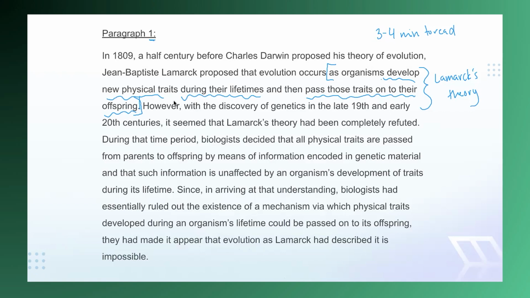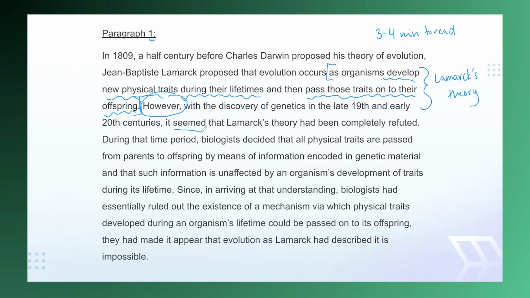All right, second sentence. However, okay, we're going to pause again. This is contrast language. So I know that whatever comes next in this sentence is going to go against whatever I saw in the previous sentence. This is important. Anytime we have strong contrast language, we want to pay close attention. So locking in. However, with the discovery of genetics in the late 19th and early 20th centuries, okay, this is another descriptive phrase, but here comes the main clause.